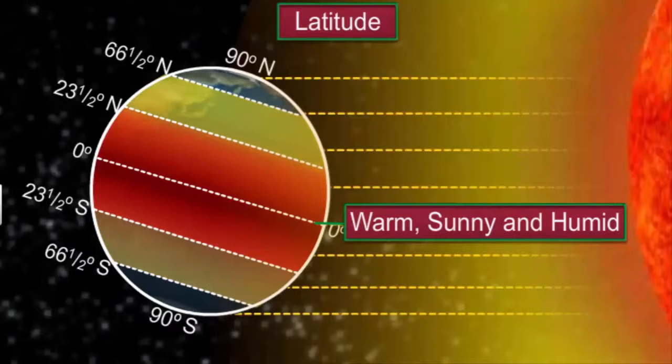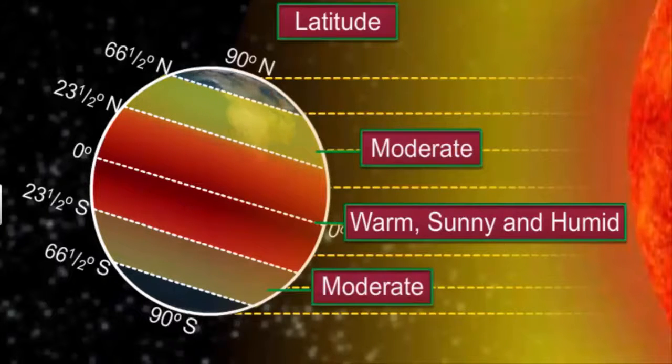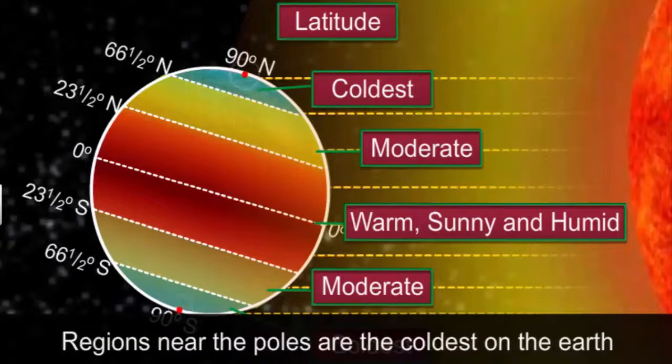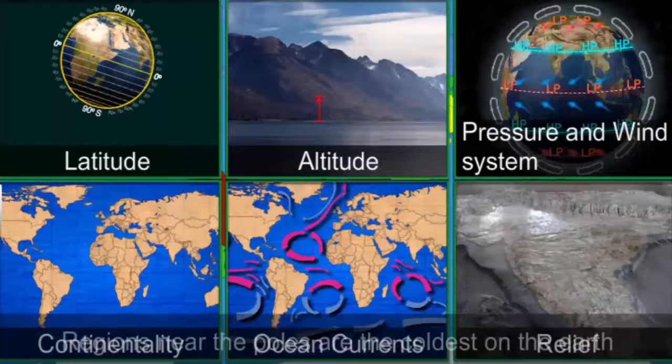Hence, they receive less heat and light. These places have a comparatively cooler or moderate climate. The North and South poles receive the least intense rays. The climate near the poles is cold throughout the year. In fact, regions near the poles are the coldest on the earth.